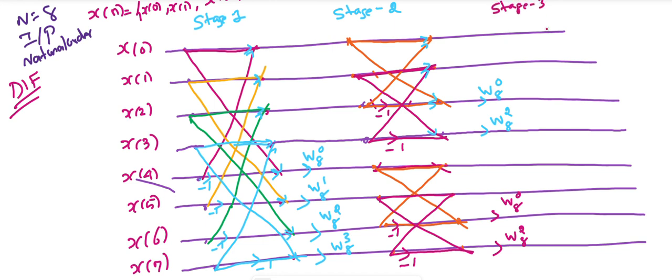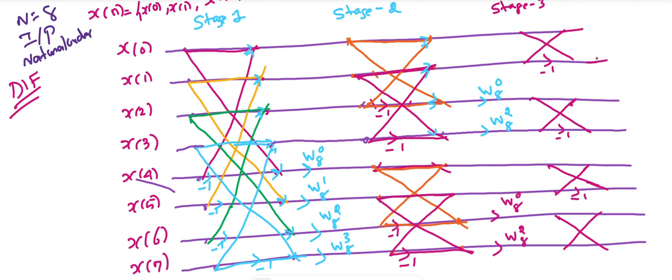The stage 3, the basic 2-point computation, or -1, -1, -1.